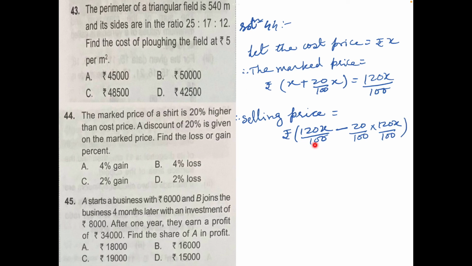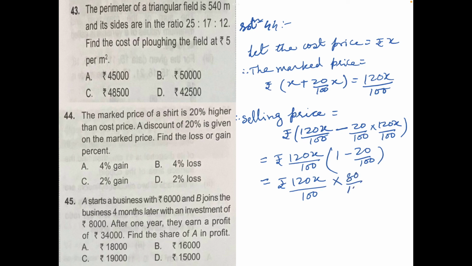Now if I take out 120x by 100 common, I'll get rupees 120x by 100 in the bracket 1 minus 20 by 100. So it will be 100 minus 20 by 100, that means 80 by 100. It will be rupees 120x by 100 into 80 by 100. So if you simplify it, you will get it as rupees 96x by 100.